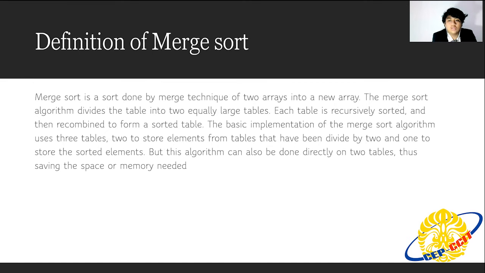Each table is recursively sorted and then recombined to form a sorted table. The basic implementation of the merge sort algorithm uses three tables to store the elements from the tables that have been divided by 2 and 1 to store the merged elements. But this algorithm can also be done directly on two tables, thus saving the space or memory needed.